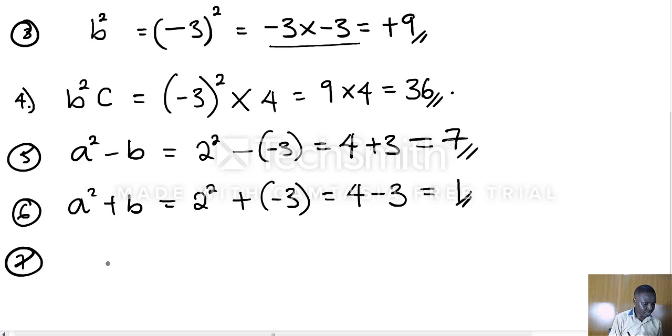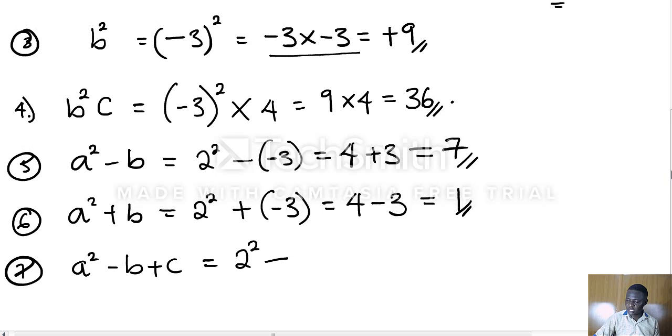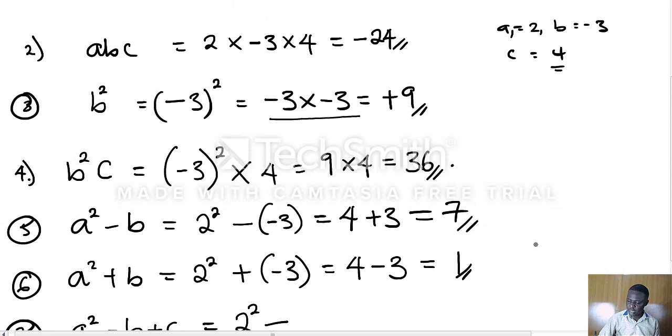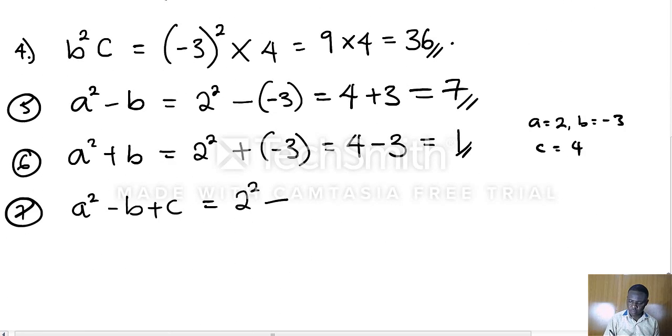Question 7 says A squared minus B plus C. This is equal to A squared is 2 squared, we substitute, minus B. B is giving us, let's also get it down here. We said A is 2, B is -3, and C is 4.